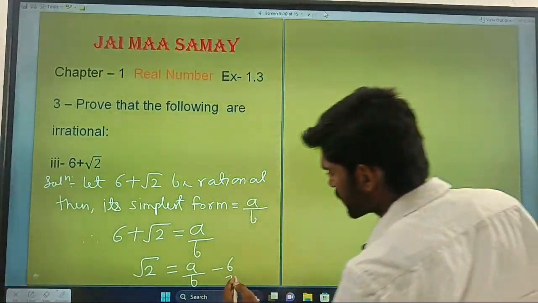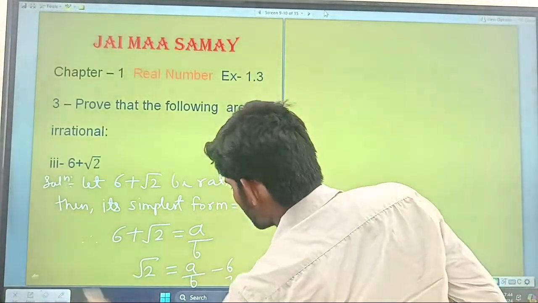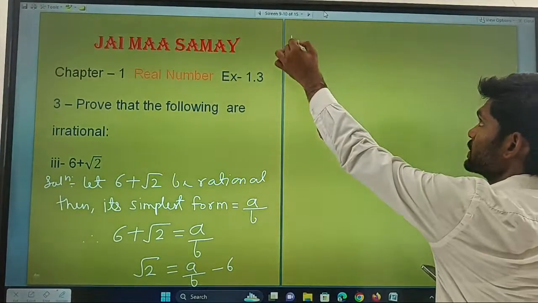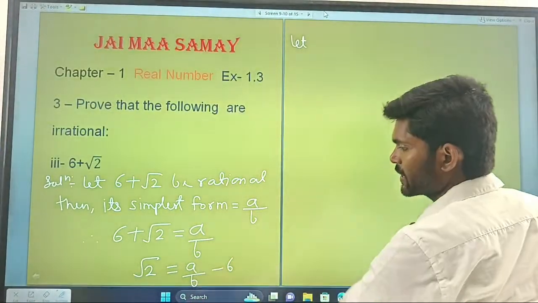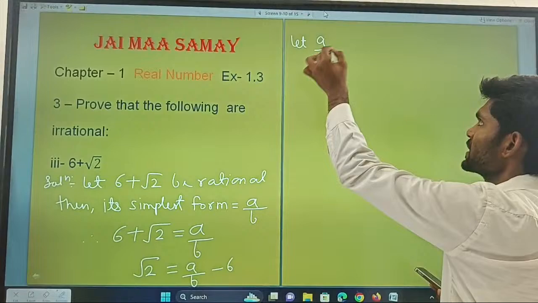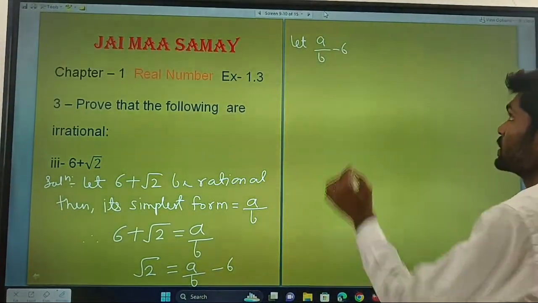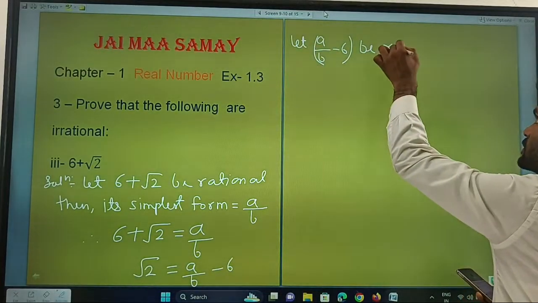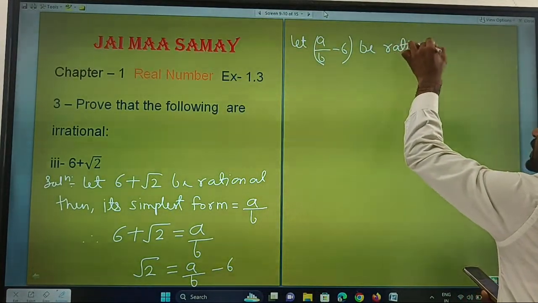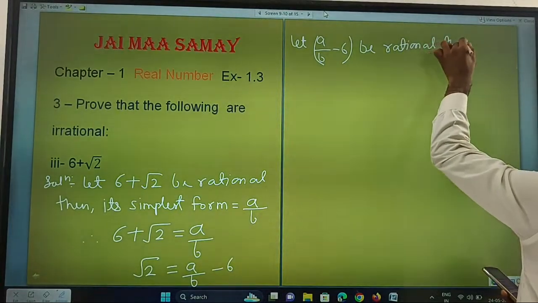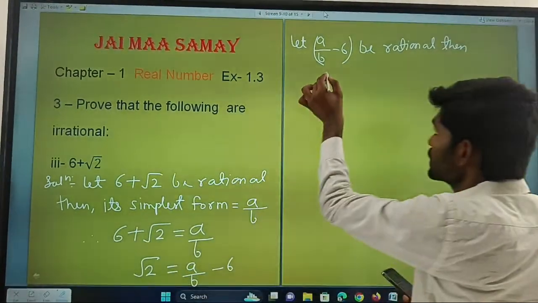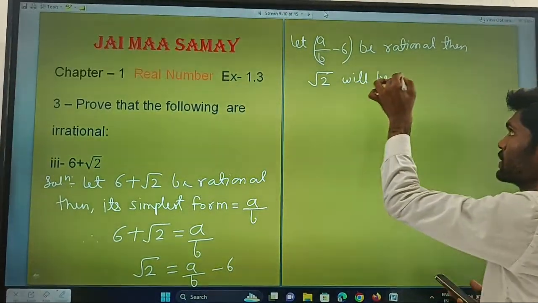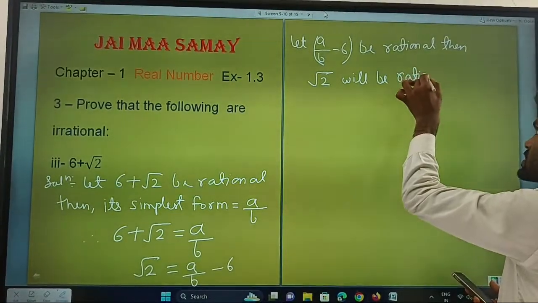Note down. Let the right side here be A upon B minus 6, in bracket, rational. Okay, then this side under root 2 will be rational.